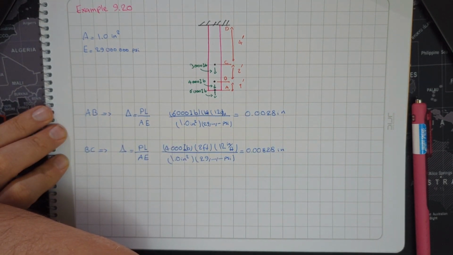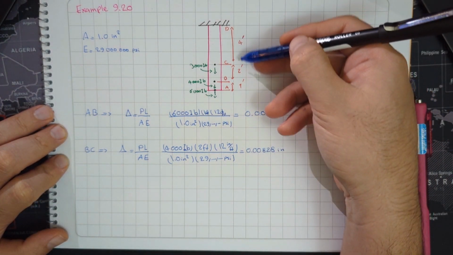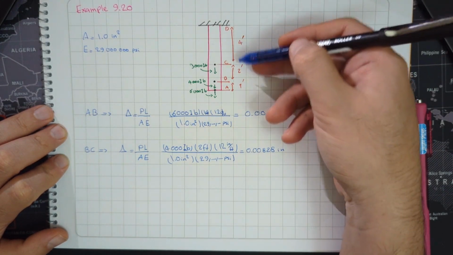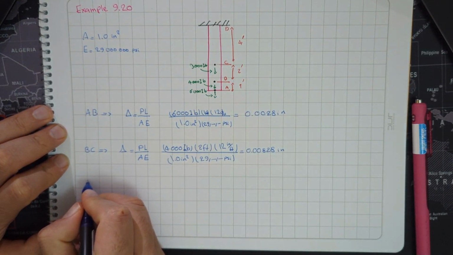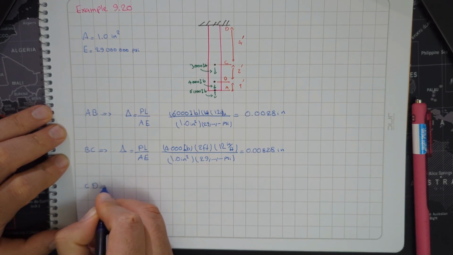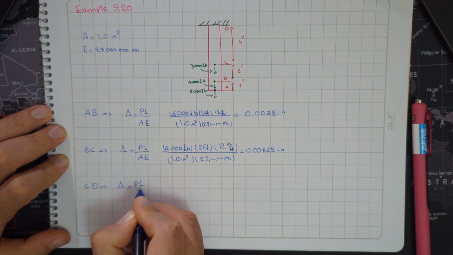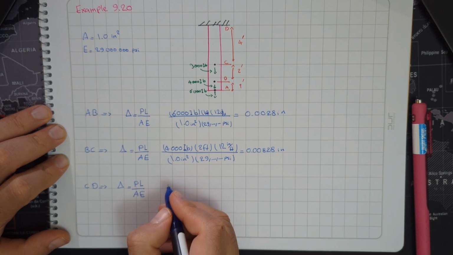And then finally we have to calculate how much elongation this part is going to have, right? CD, delta equals PL over AE.